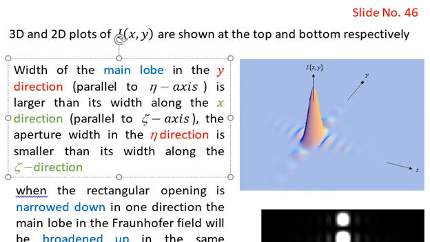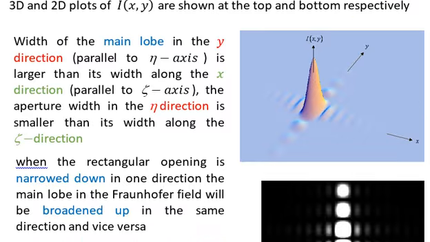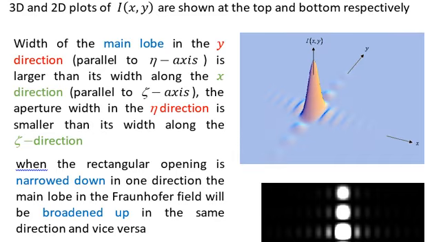So you see that we have now two plots over here. The 3D plot and the two-dimensional plot of the intensity are shown at the top and bottom respectively. So let's read about these plots. The width of the main lobe in the y direction, which is parallel to the zeta axis, is larger than its width along the x direction, which is parallel to the eta axis.